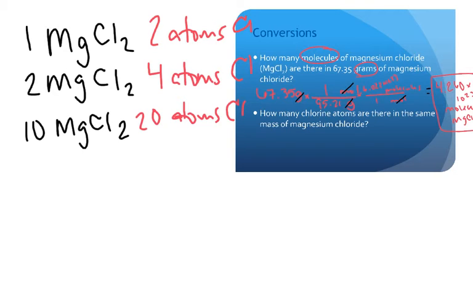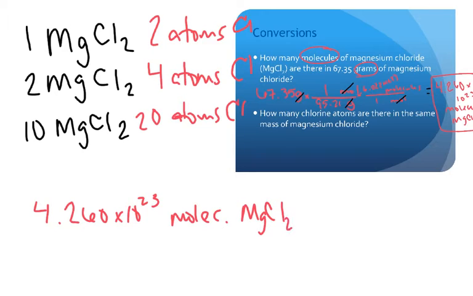So therefore, to answer the second question, how many chlorine atoms are there in the same mass of magnesium chloride, we pick up where we left off on the problem before. We know we're going to have 4.260 times 10 to the 23rd molecules of MgCl2. And we know that for every 1 molecule of MgCl2, it will contain 2 atoms of chlorine.